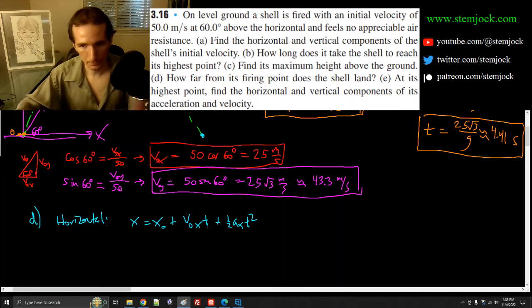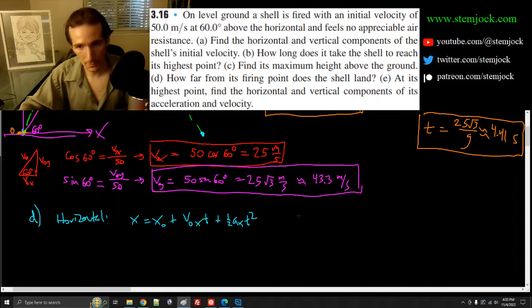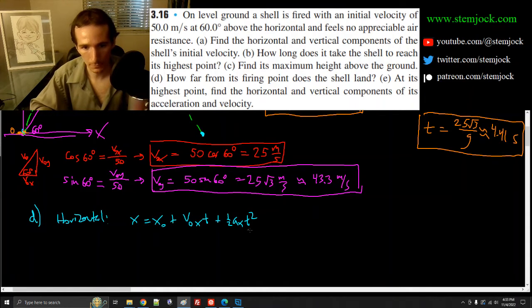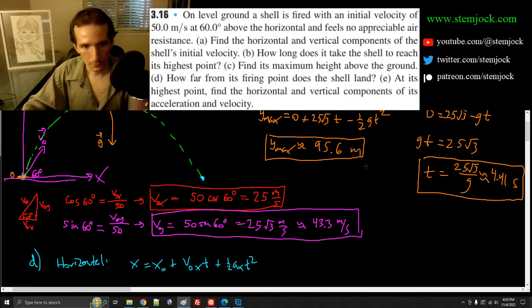Now, because I chose this as my final position, t now represents the time to go from the start all the way to where it lands. So this t right here is different from this t here. So x, that's going to be the final position. That's what we're trying to solve for.